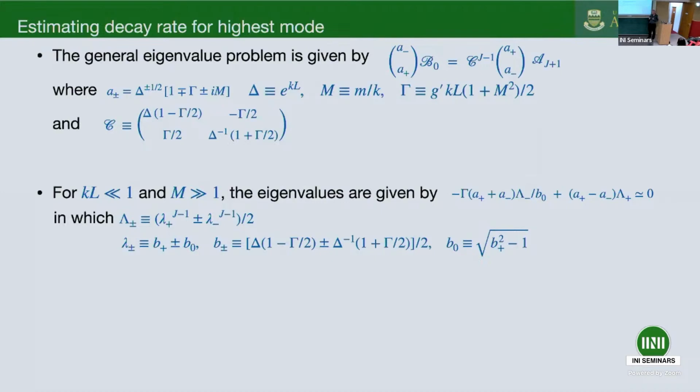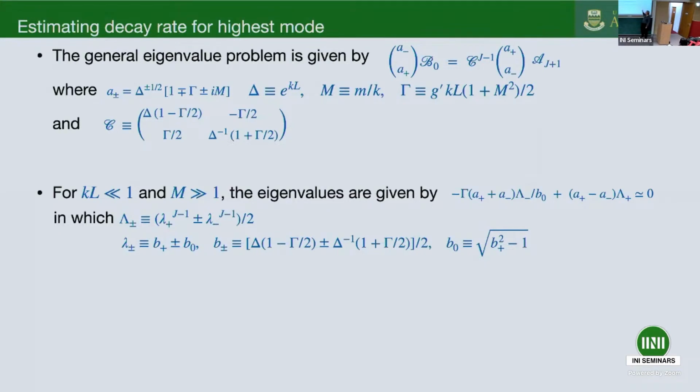And we have to find the roots of this polynomial, which is degree j-1. And you can do it because I just care about this mode that's right close to that critical transition. And at the critical transition, B0 is 0. So I want to look for solutions where this thing is really small.